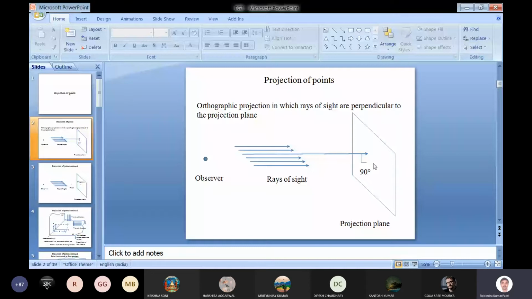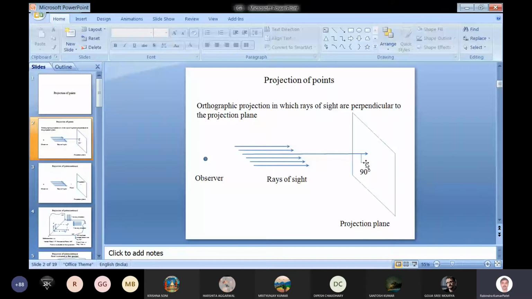Due to this relationship, the ray of sight is striking the projection plane at 90 degrees. So it is called orthographic projection.